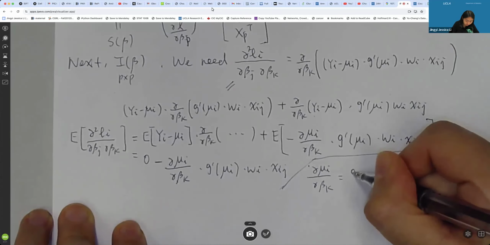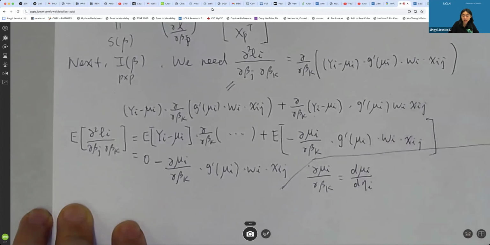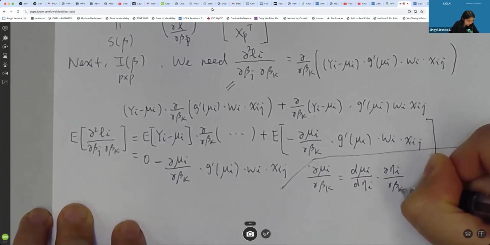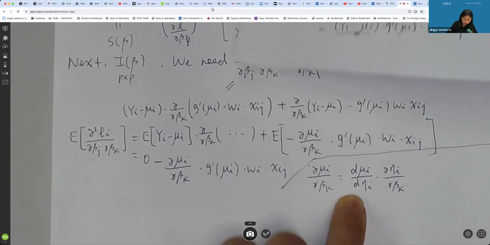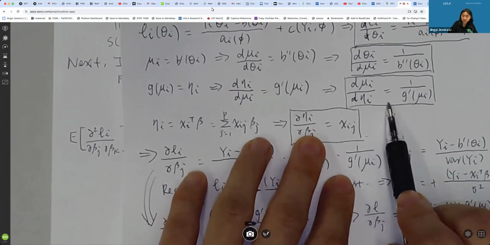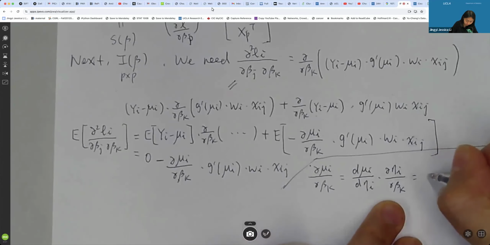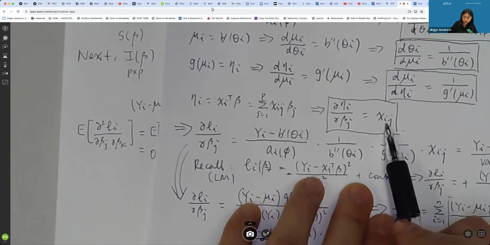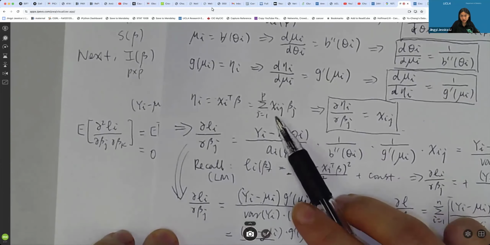So we have d mu i d eta i, which are both scalars, and finally partial eta i partial beta k. Recall that on the last page we derived that d mu i d eta i is 1 over g prime mu i. We borrow that result here: 1 over g prime mu i. For partial eta i partial beta k, we did it here. For beta j it was xij, but for beta k it should be xik.